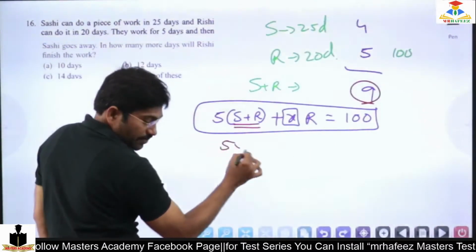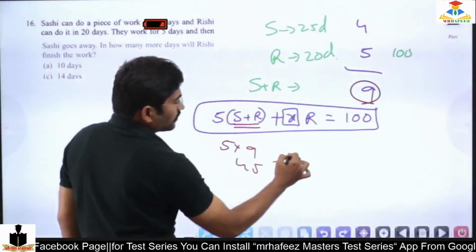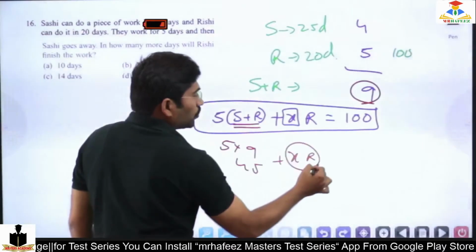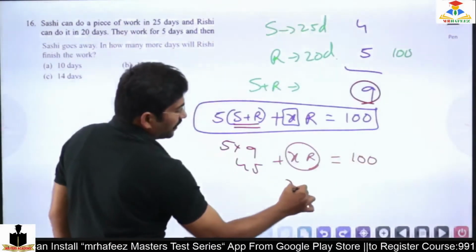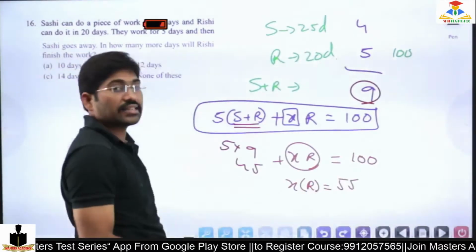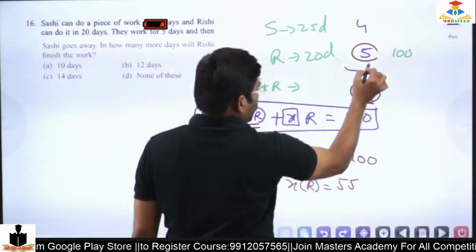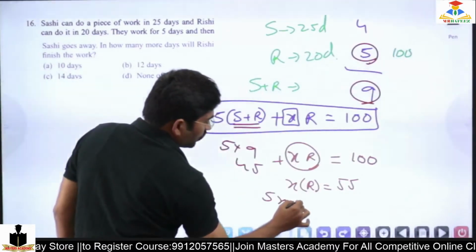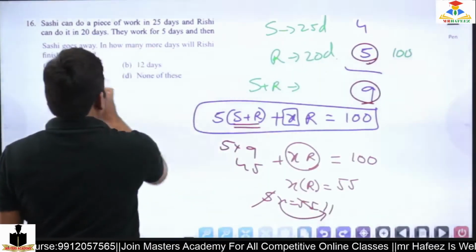So 5 times 9 is 45 plus x Rishi equals 100. So 100 minus 45, x Rishi is 55. I know that Rishi value is 5. So 5x equals 55, 5 11s, so x value is 11.